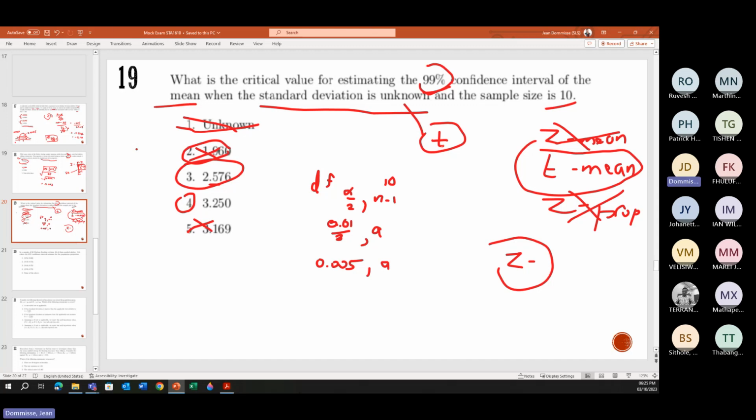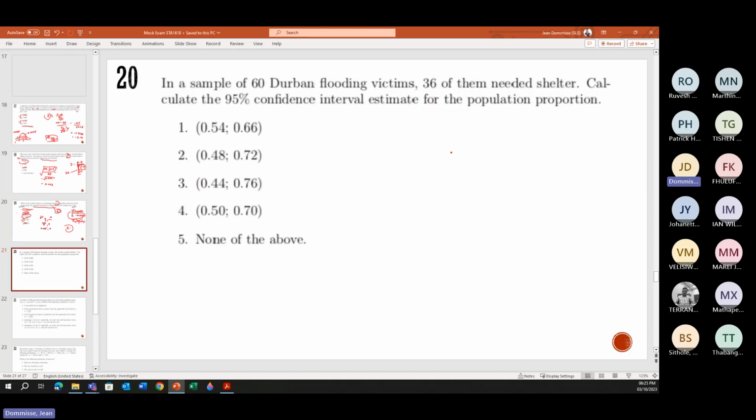Okay, so confidence interval, here the standard deviation was unknown, so we used the T. They will not ask again that you need to work out a confidence interval with T. So now the next one will be a confidence interval for a proportion, or a confidence interval where the standard deviation is known.